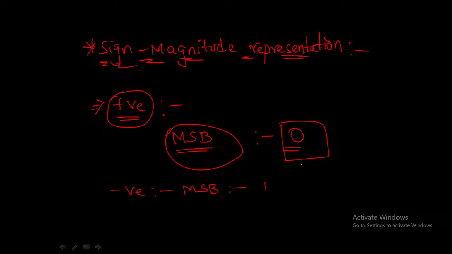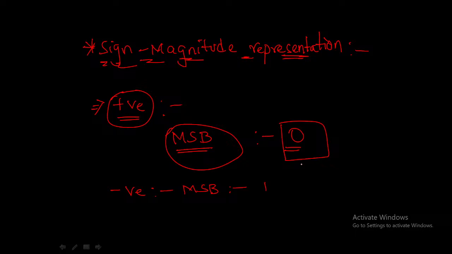Positive numbers are represented with MSB as 0, and negative numbers with MSB as 1.